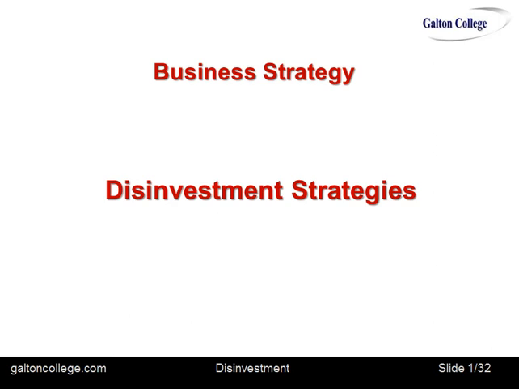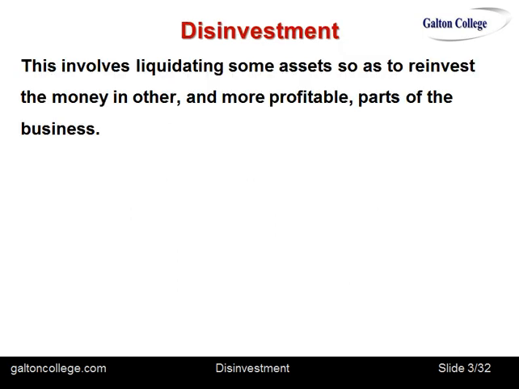This class will look at the topic of disinvestment and disinvestment strategies. Disinvestment involves liquidating some assets so as to reinvest the money in other and more profitable parts of the business.